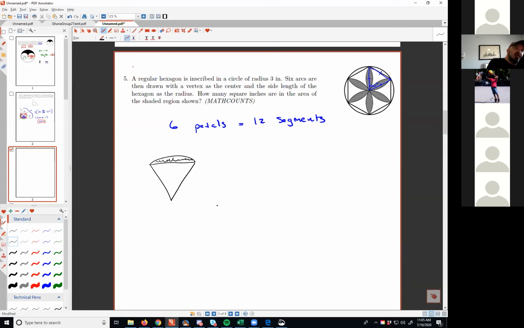So its area is going to be 1/6 of the area of a circle with radius 3 minus the area of the equilateral triangle. And I think we derived that formula the other day?